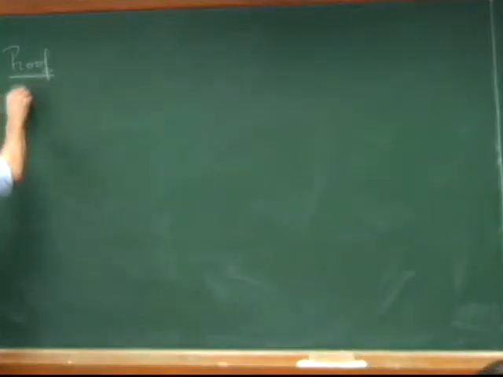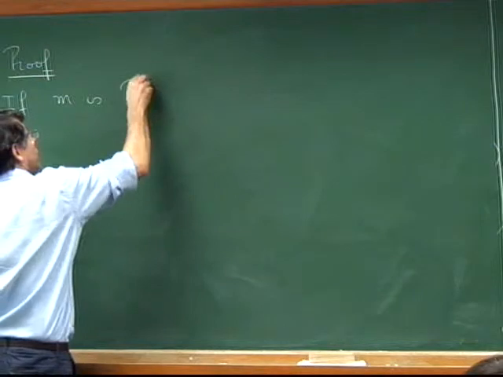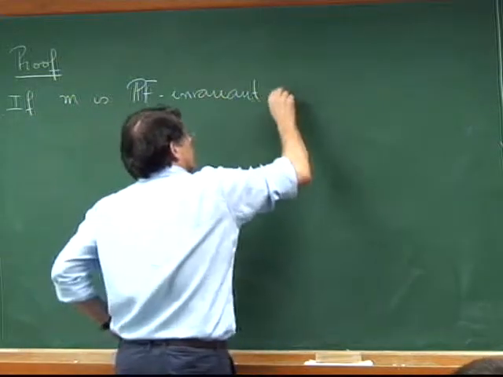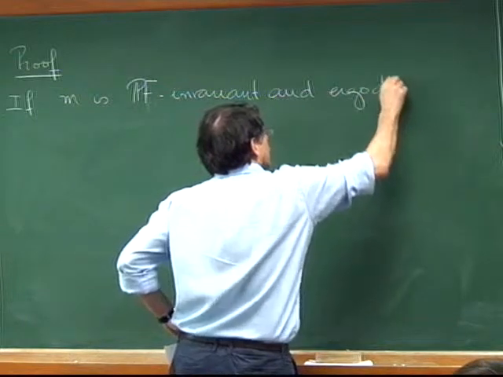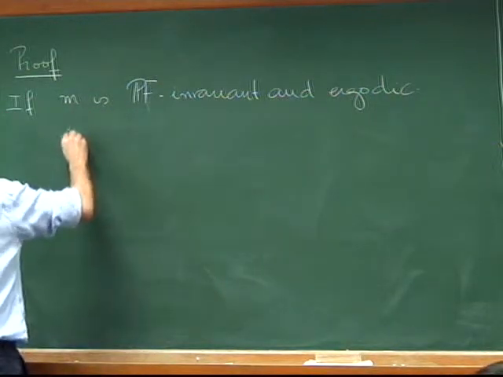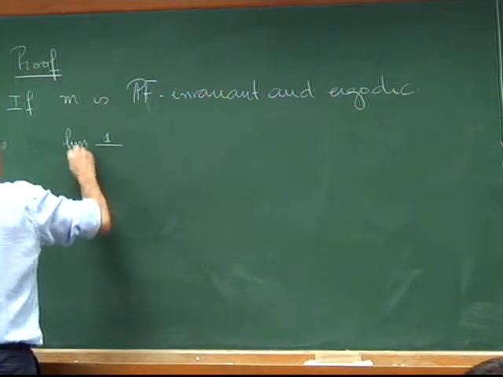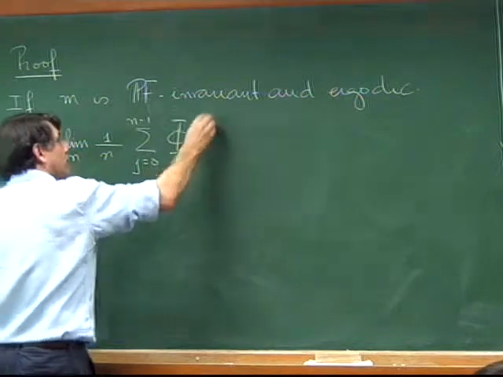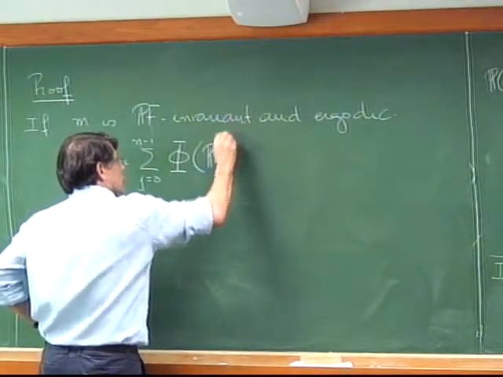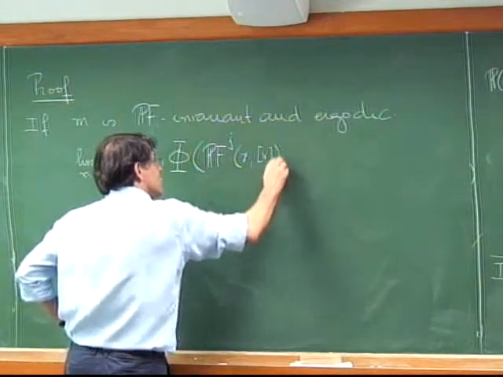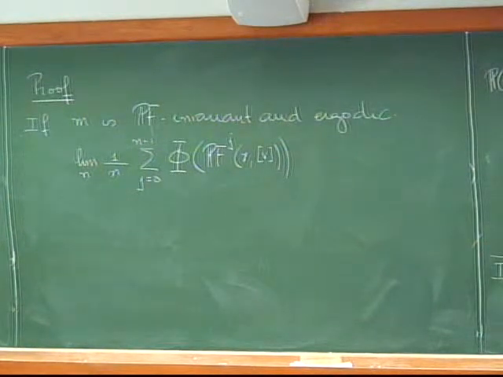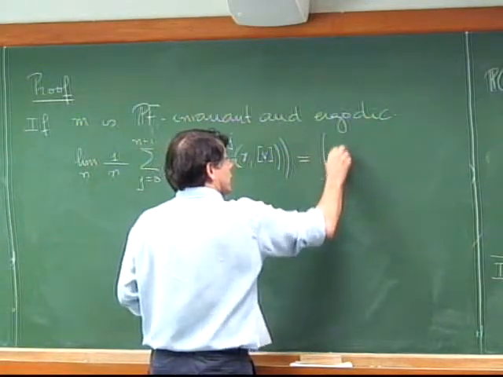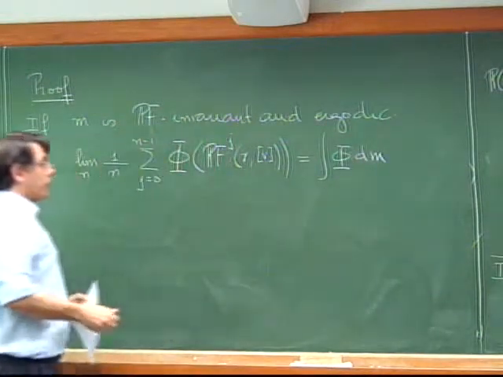So if m is invariant and ergodic, then the limit of 1 over n sum of phi of (f to the power j)(x, v) exists and is constant and is equal to the integral of phi with respect to m, by the ergodic theorem.